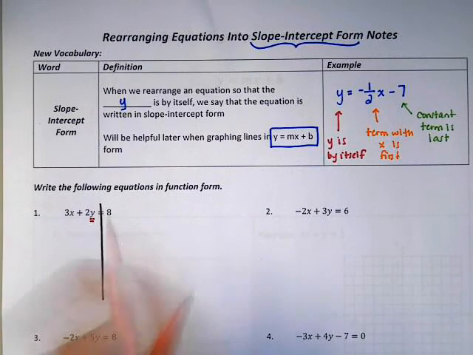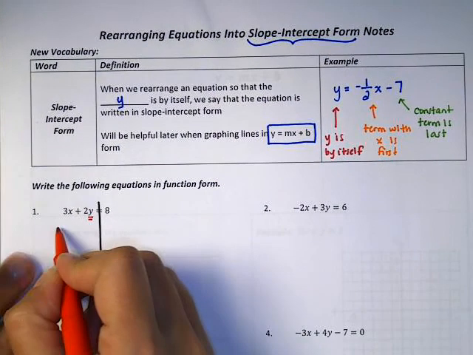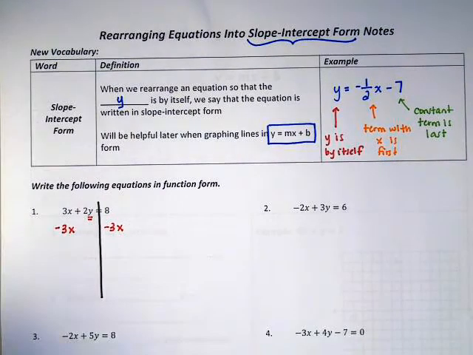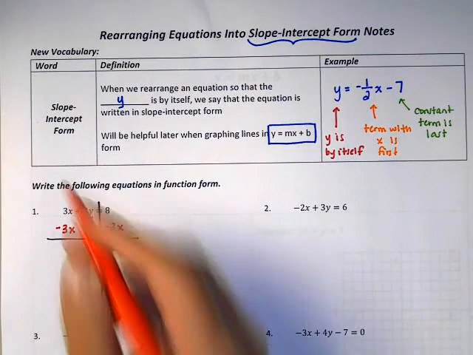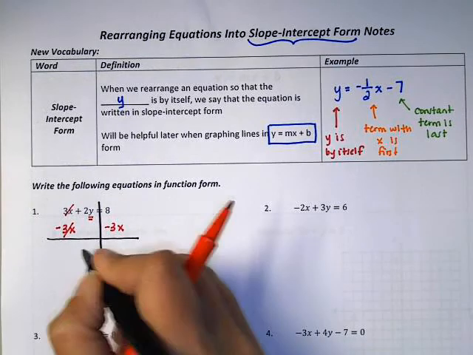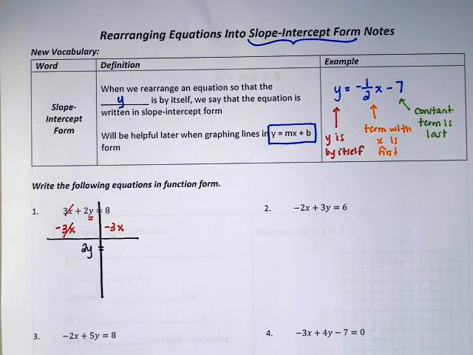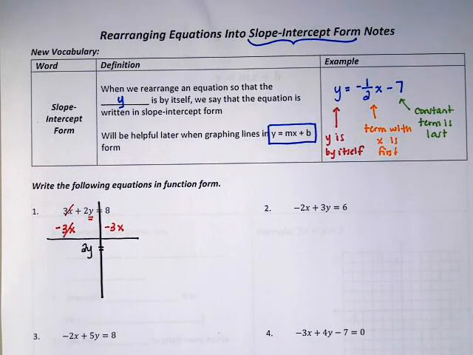That's my goal. In order to get y by itself, the first thing I'm going to do is subtract 3x from both sides of this equation. Now, when I do that, the 3x on the left-hand side cancels, and I just have 2y. On the right-hand side, the 8 and the negative 3x are not like terms, so they can't be combined.